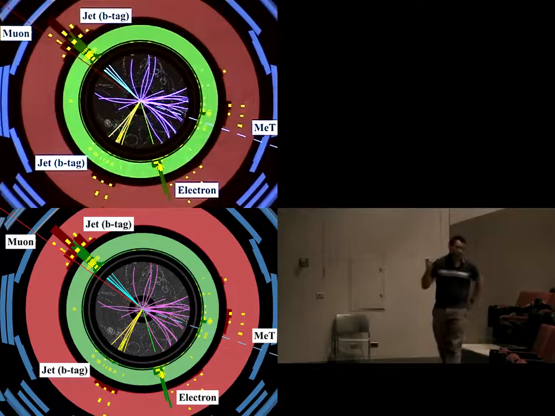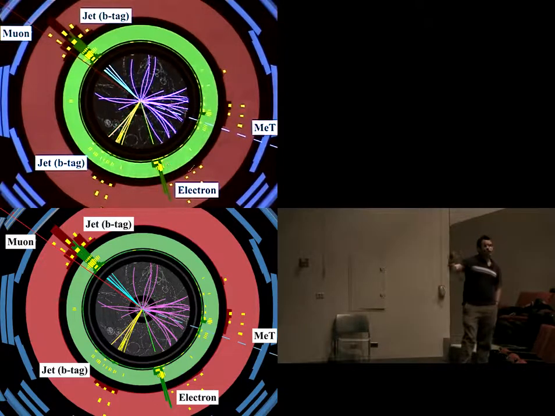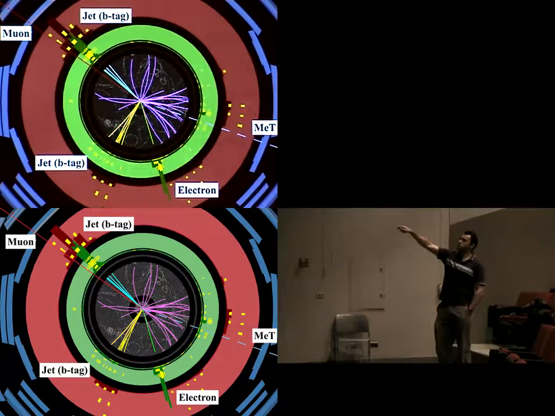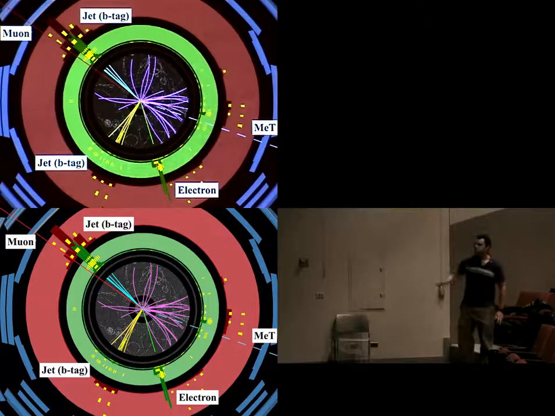And now we can come back to this picture that we looked at before, and make more sense out of it. So let's start here. This inner part is the inner tracking system I talked about. This green thing is the electromagnetic calorimeter, and the red thing is the hadronic calorimeter. Now you can see this one looks like an electron, right? It has a bunch of energy in the electromagnetic calorimeter, not much energy behind it, and there's a trajectory pointed right at it.